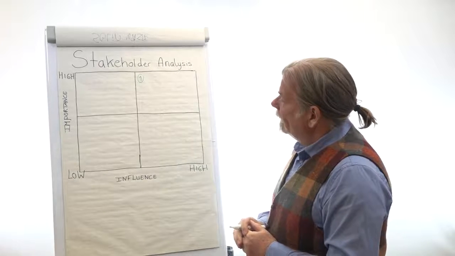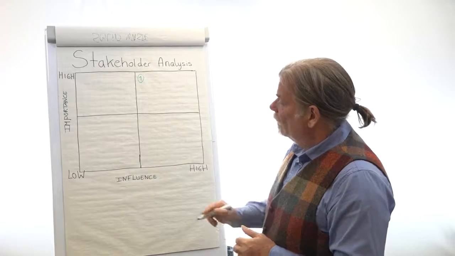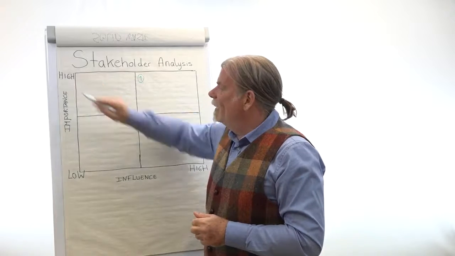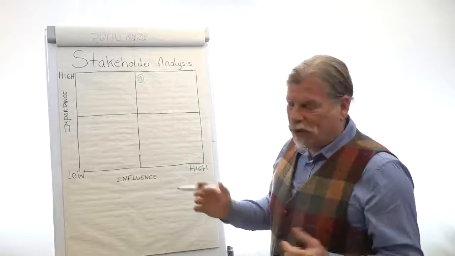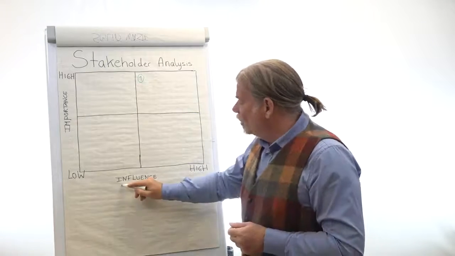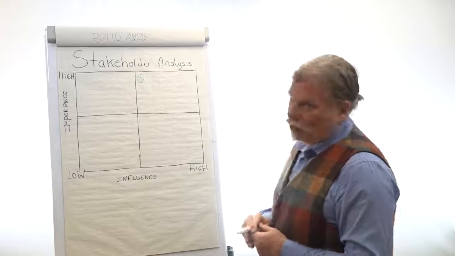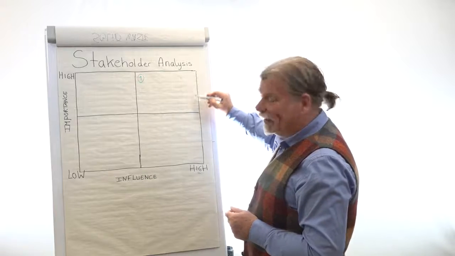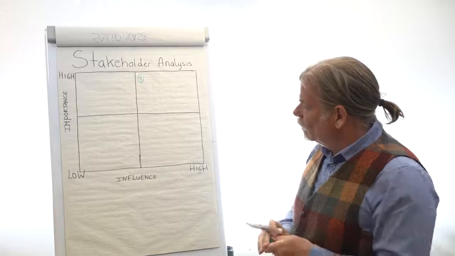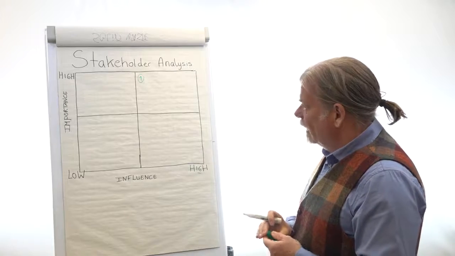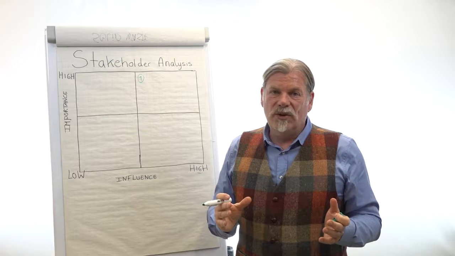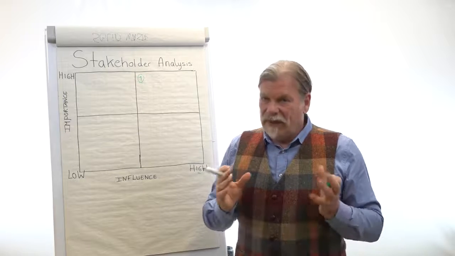Those are, let's say, the stakeholders for which the project or change is very important, so high importance, and they are also very influential. So we are talking about the group which is high and high when it's coming to importance and influence. So this is the group that you have to involve in your plans very well.